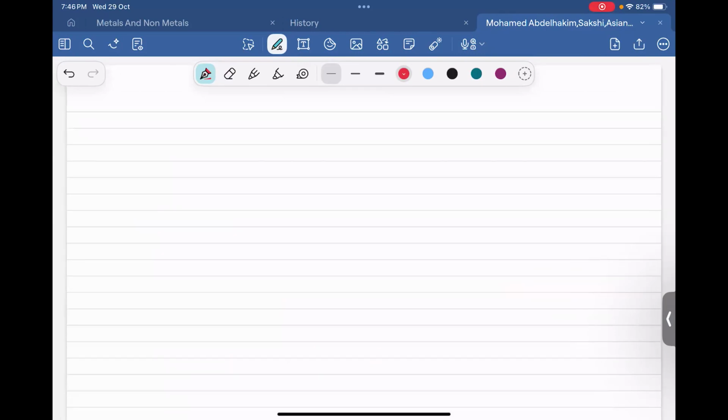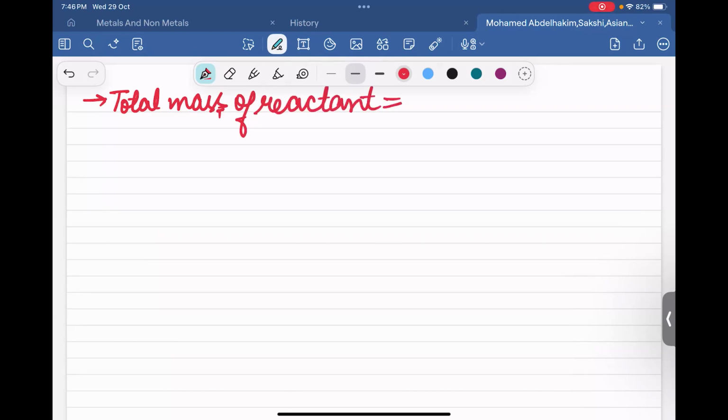So this means the total mass of reactants is equal to the total mass of products.